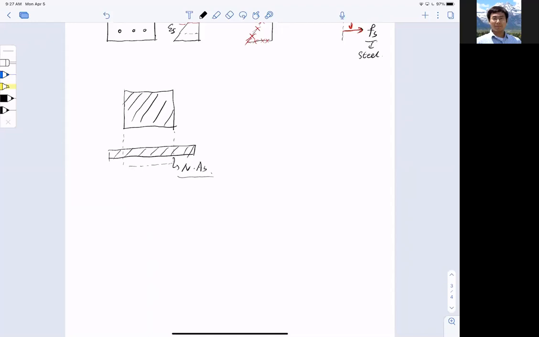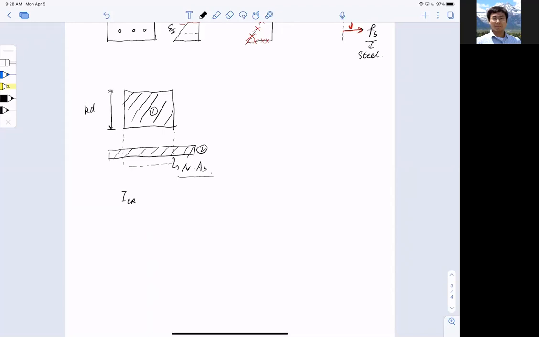Again, to find the moment of inertia for this section, I need to name part one and part two, two pieces again. We don't know exactly what it is, but I would say that the compressive zone is kd.